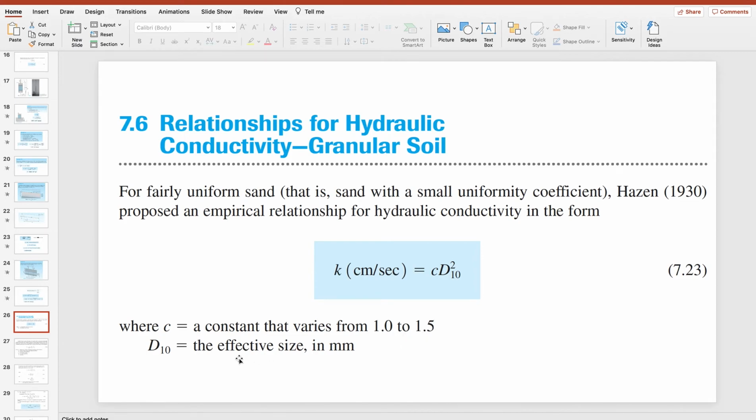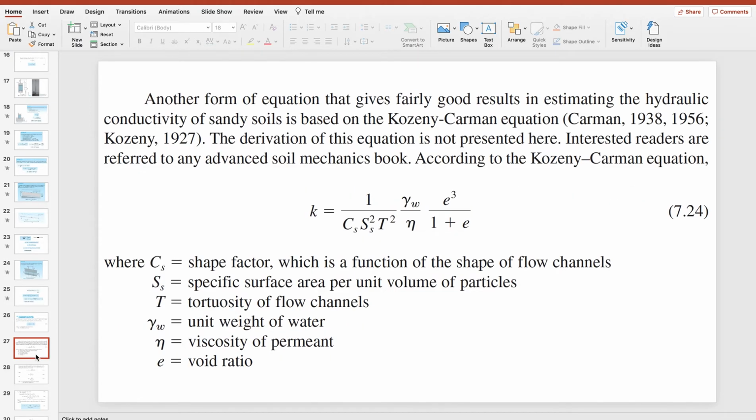D is the effective size in mm. Another form of equation that gives fairly good result in estimating the hydraulic conductivity of sandy soils is based on the Kozeny-Kármán equation, which is K is equivalent to 1 divided by C sub S, S sub S squared, T squared, times unit weight of water divided by the viscosity of permeant, times the void ratio cubed divided by 1 plus e.